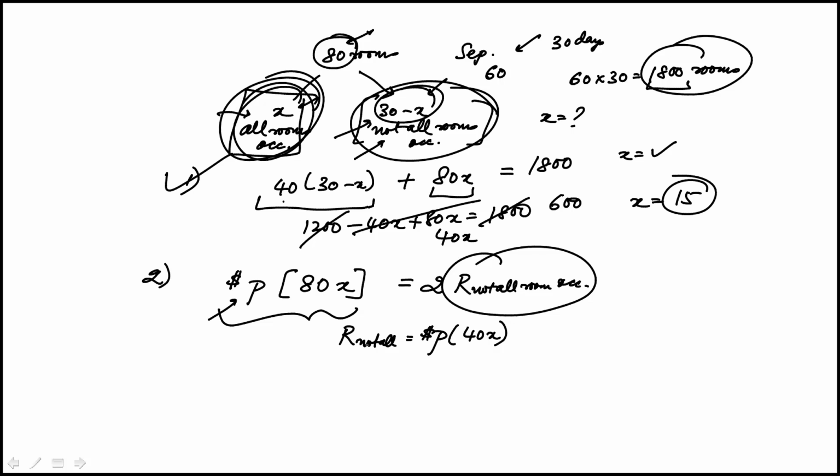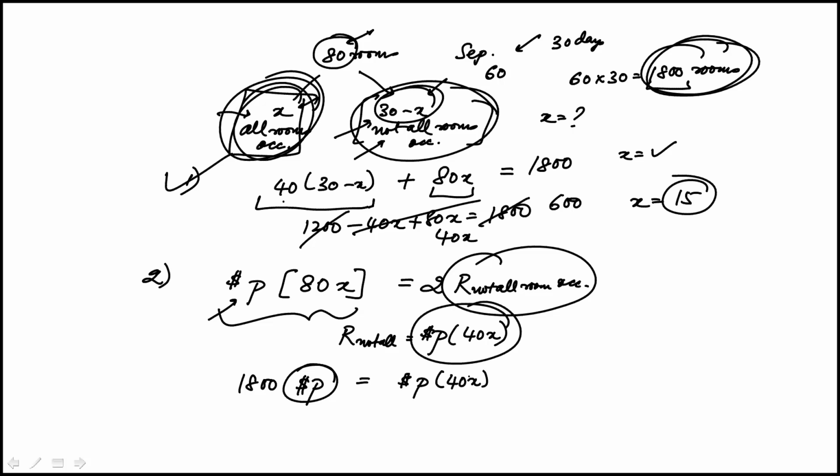And that means that the total revenue for the entire month of September, we know that 1,800 rooms were rented. So 1,800 times P dollars. You'll see the P term will actually drop out. That's the revenue for the entire month of September. That will have two parts: revenue when not all rooms were occupied. We just got that in terms of X. And then we also know the revenue for the days that all the rooms were occupied.